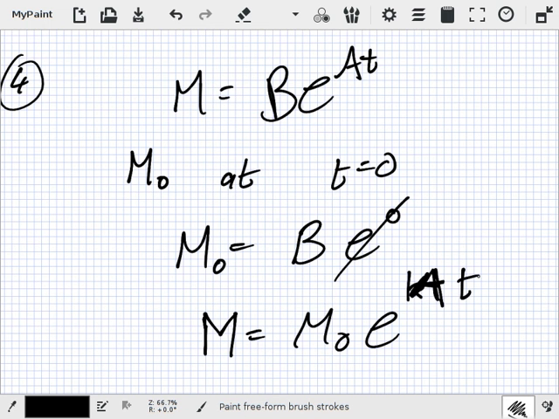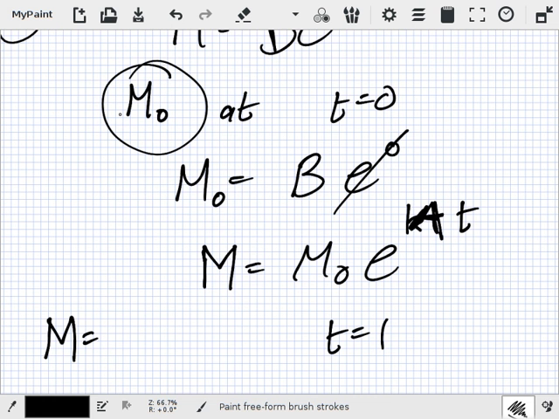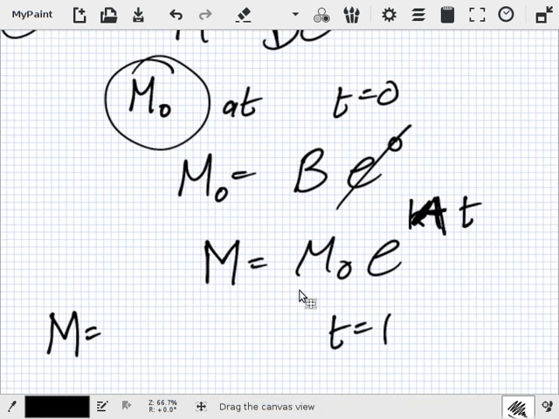Now, we have a little problem. We need to figure out another point to sub in. We're told that in a month's time, she'll have 1% more. So when t is 1, what will her money be? She started off with M0, and now she'll have 1% more of M0.